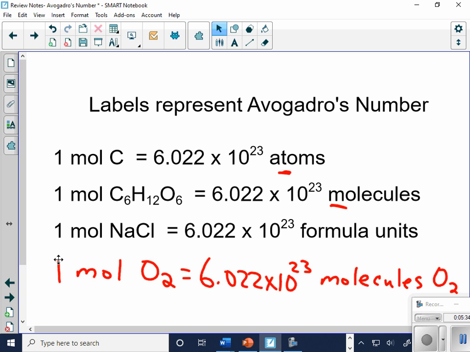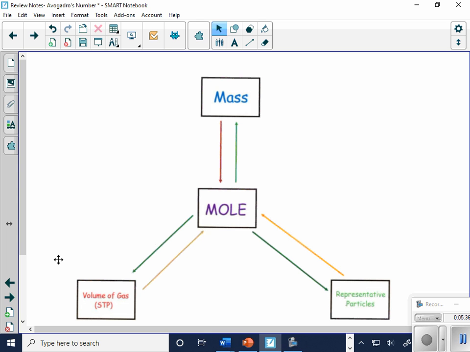Now, when I switch to my next slide, I have here what I call my flux capacitor. And if you look down here where I've got these little arrows, it says representative particles. Now, that is kind of a cover-all of everything. Representative particles.